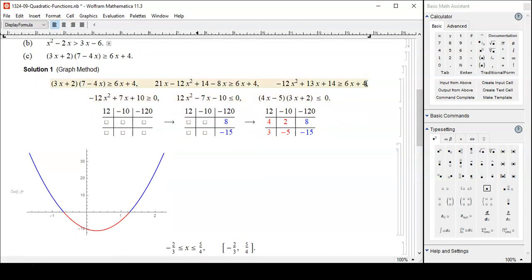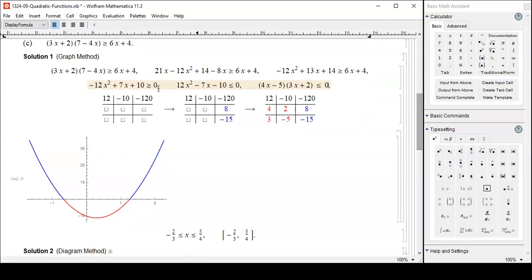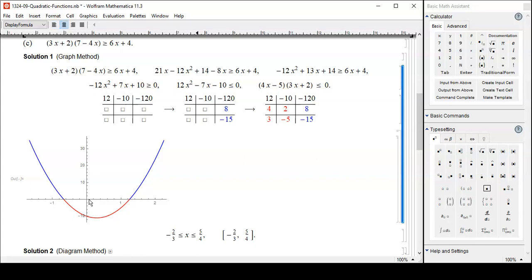After all those manipulations and factorization, look at the graph. Y equals 12x squared minus 7x minus 10, this thing. Here's a graph. And less than or equal to 0. So you're looking for this interval here. And what is this value and what is that value precisely? Just by inspection, it's hard to tell. So you have to go back to this factorization and find out the x-intercepts by setting this equal to 0.